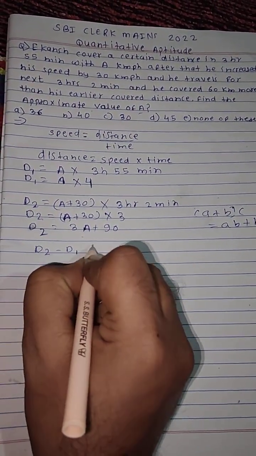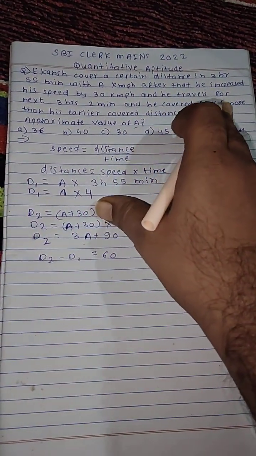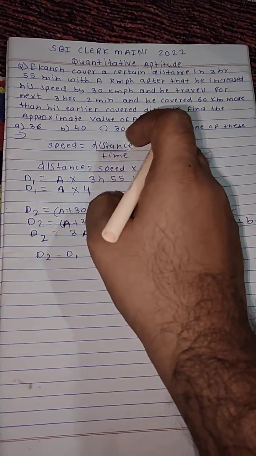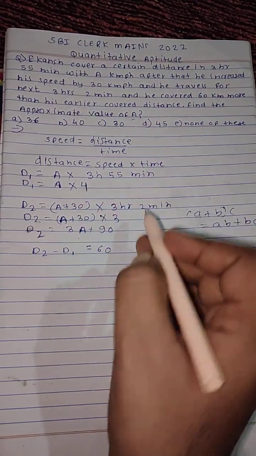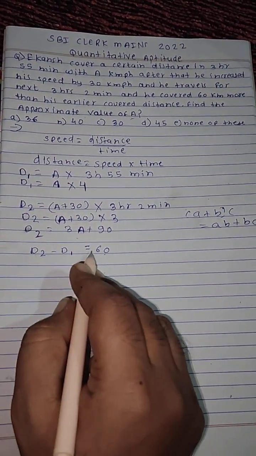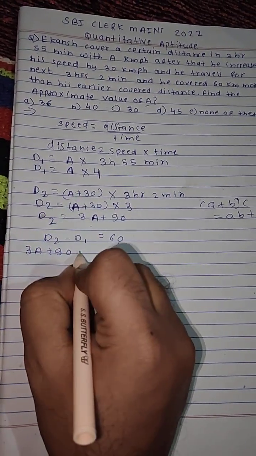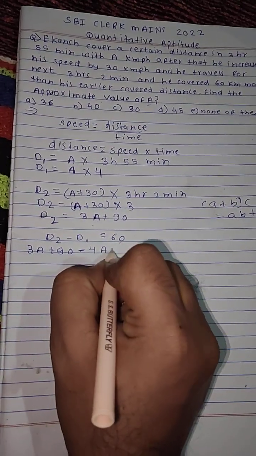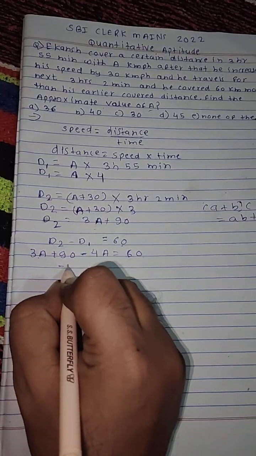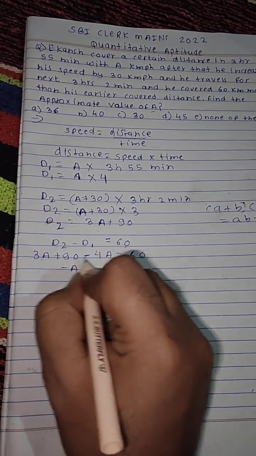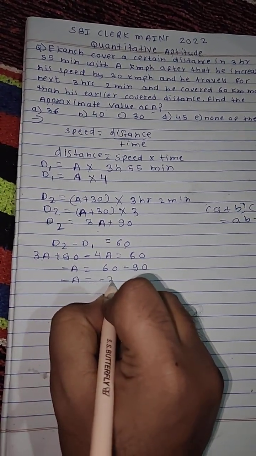So D2 minus D1 equals 60. Now we solve this: 3A plus 90 minus 4A equals 60. 3A minus 4A is minus A, and moving 90 across gives minus A equals minus 30.